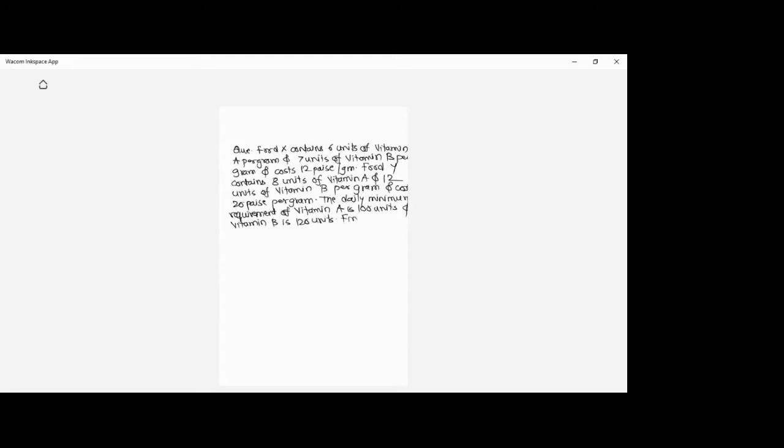Find the minimum cost of the product mix by the simplex method.